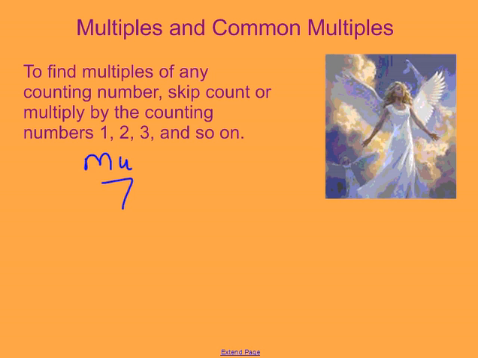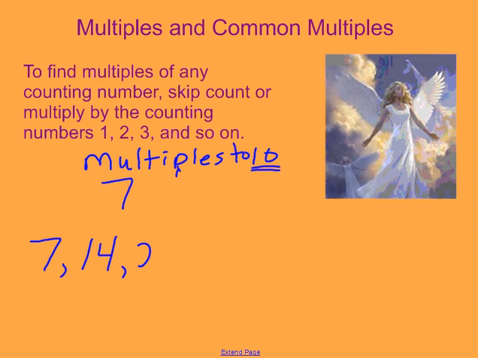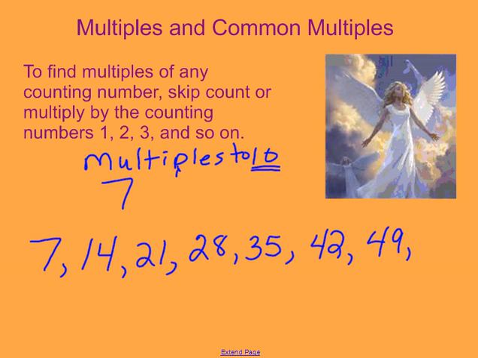We're going to find the multiples of 7, and we will only look at the first 10 multiples. That means I am going to start with 7 times 1, which is 7. 7 times 2, 14. 7 times 3, 21. 7 times 4, 28. 7 times 5, 35. 7 times 6, 42. 7 times 7, 49. 7 times 8, 56. 7 times 9, 63.